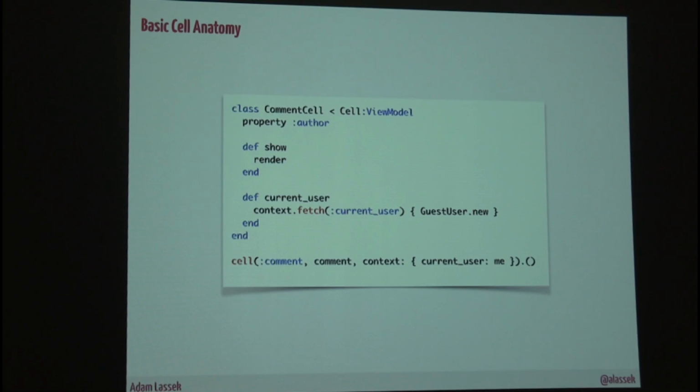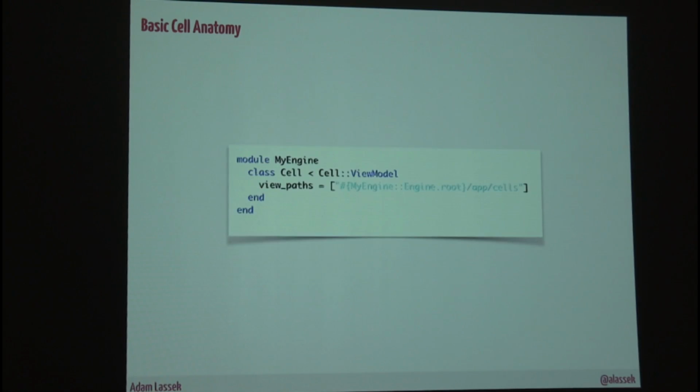So a cell can contain cells within itself. And the context that you pass into the parent cell is automatically handed off to the child cells without having to do that explicitly. So if you want to pass a current user in, you do that under the context key, and that'll just automatically propagate to all of the child cells within it.